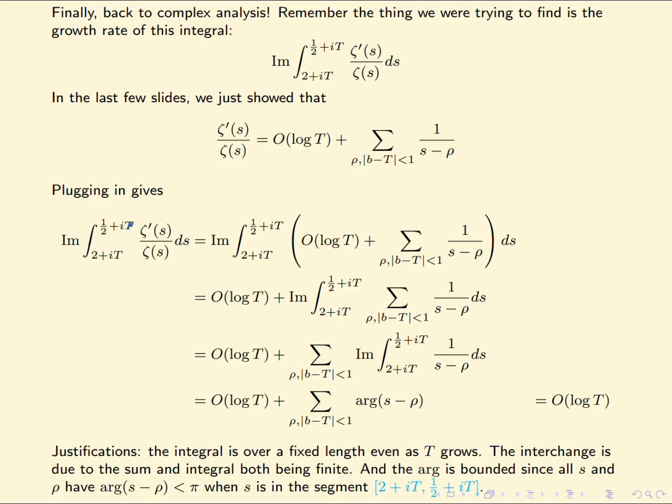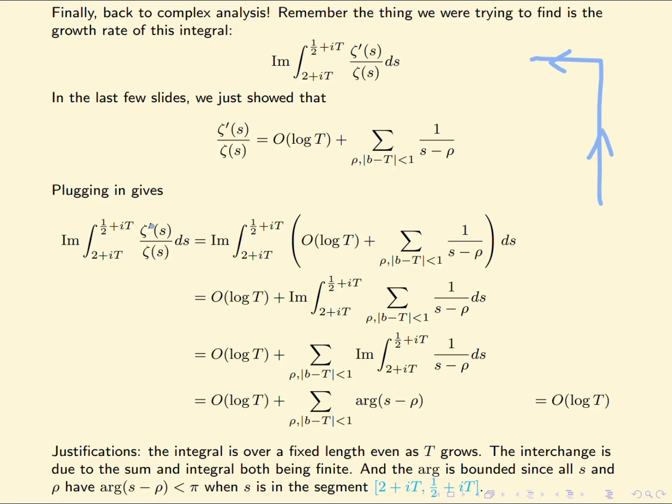So what I'm going to do is I'm just going to do the integral, the imaginary part of this integral. Remember, a while back there was this integral like this, and I showed that the integral along the vertical section is a constant, or at least bounded, so it's O of 1. Then we're trying to figure out this horizontal section of the integral, and that's this.